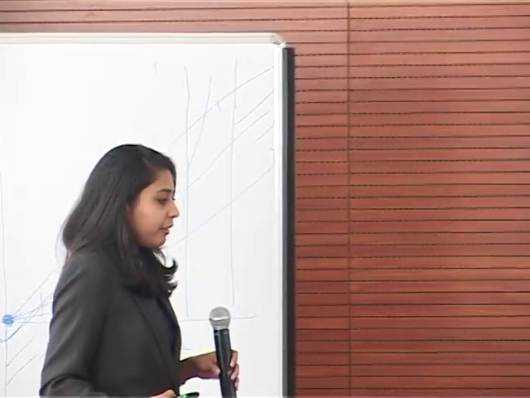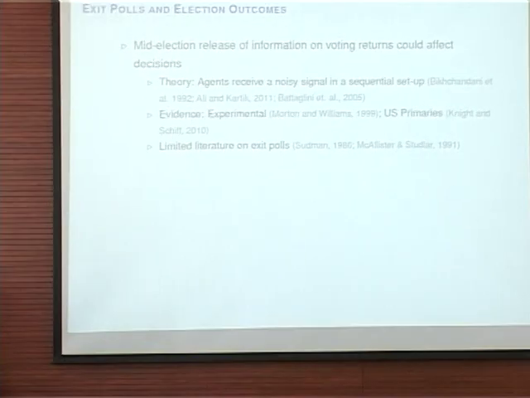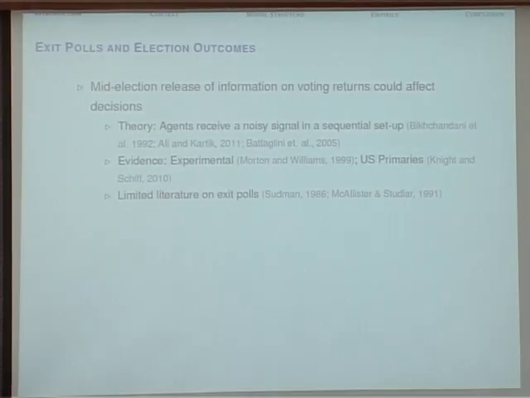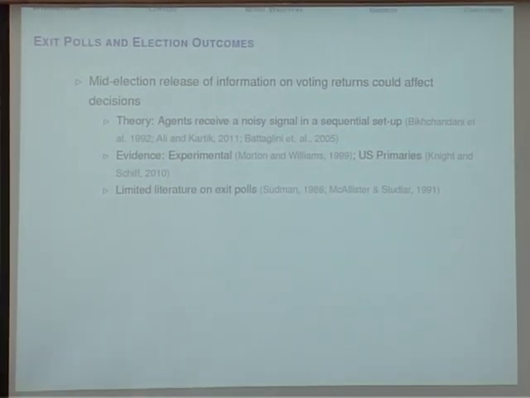There's been a lot of literature on, not particularly exit polls, but on voter behavior in sequential versus simultaneous elections, looking at efficiency, equity and welfare implications. There's a social learning literature which looks at how, when agents are in a sequence and receive noisy signals, they can make their choices based on these signals.